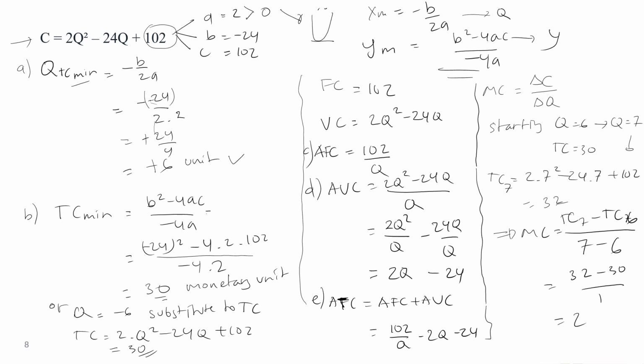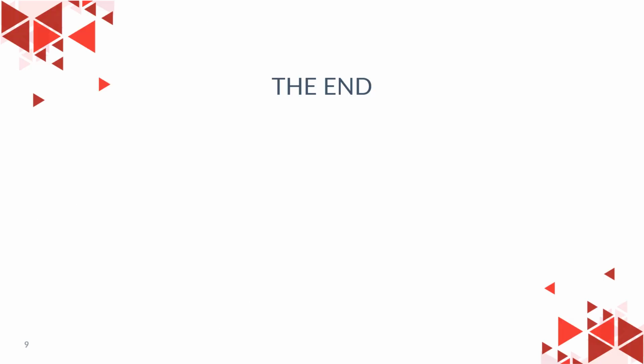So the conclusion here is that when the production increases from 6 to 7, the additional cost will be 2. Okay? End of part 2.